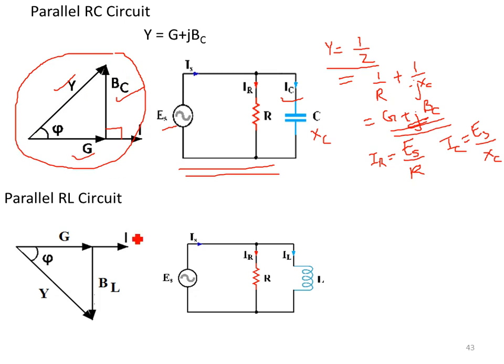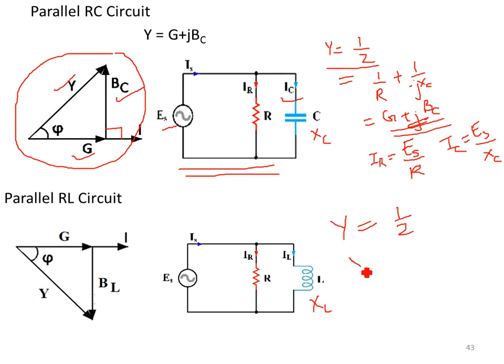Okay. Now coming to the parallel RL circuit. Here resistance and inductance are connected in parallel. Of course, admittance is given by Y = 1/Z. Now the inductance is L, therefore the inductive reactance is given by XL = ωL.